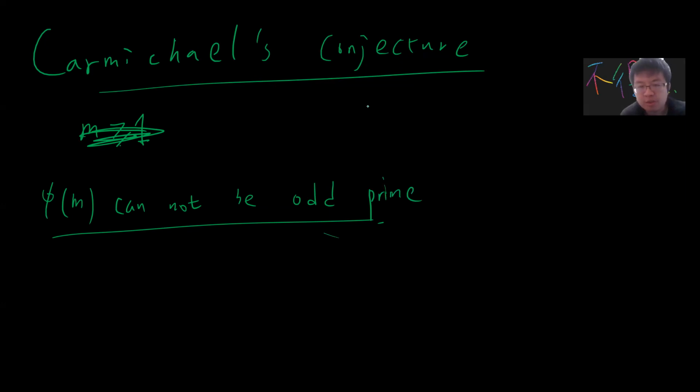This is weird. The reason is that phi of m by definition is a product of something, and it cannot be odd, because you get something prime which cannot be odd, it becomes minus 1 or something. So which means that if you take any positive integer and ask what the preimage is, it may be empty.